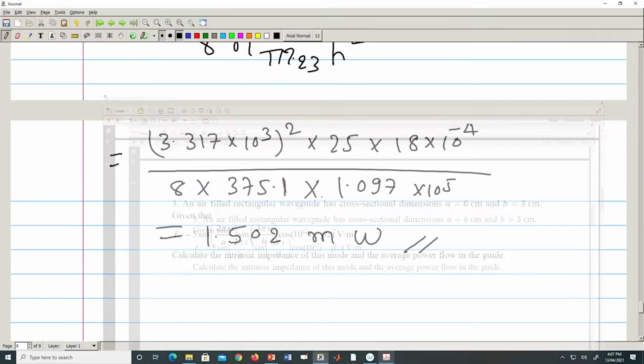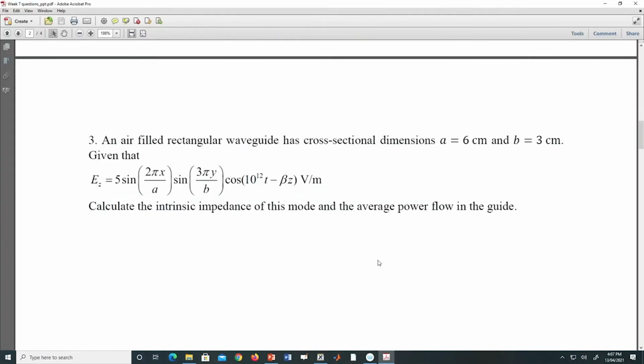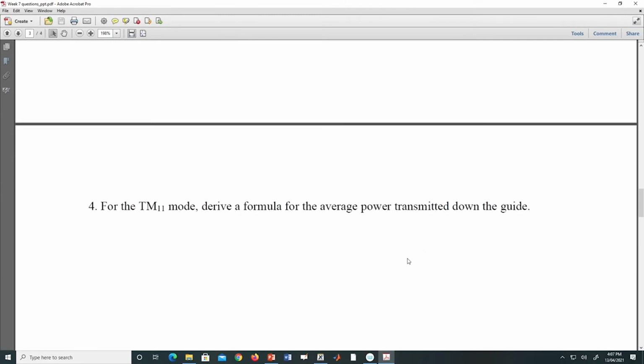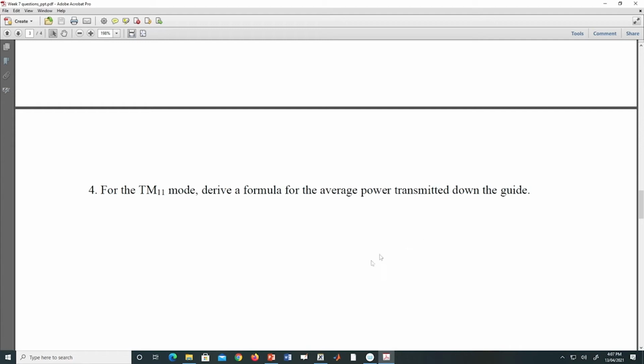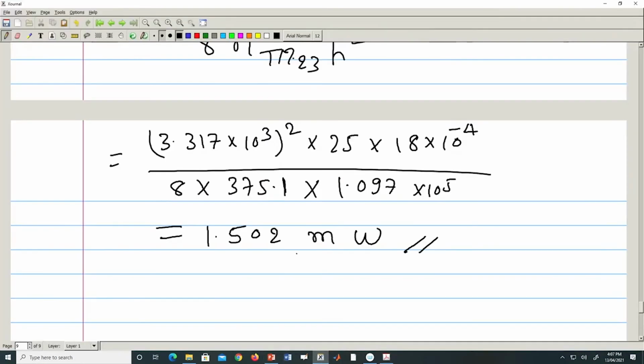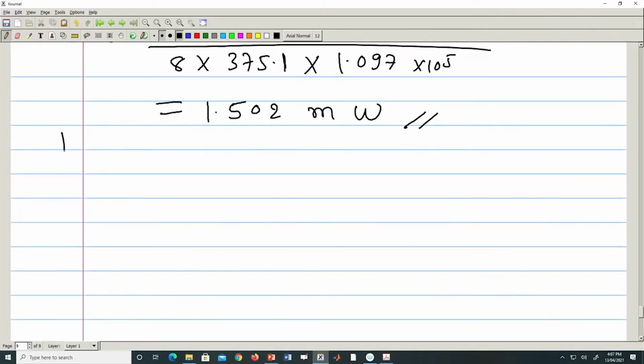Now, the next problem is: for the TM11 mode, derive a formula for the average power transmitted down the guide. So, for the TM11 mode, we have to calculate the average power flow. Similar to the previous mode, we can find it for the TM11 mode. That is the fourth part.